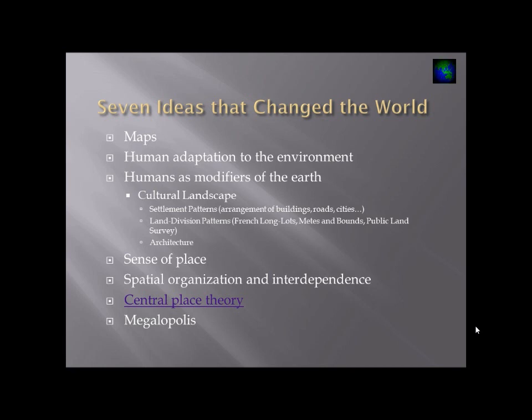Architecture is a part of the cultural landscape, especially vernacular architecture. So if you've ever seen a shotgun house, they exist in downtown Montgomery, that's a piece of vernacular architecture. The difference between vernacular architecture and professionally designed architecture is that vernacular architecture exists in the minds of the folks who construct those buildings and can tell us a little bit about their heritage and where they're from.